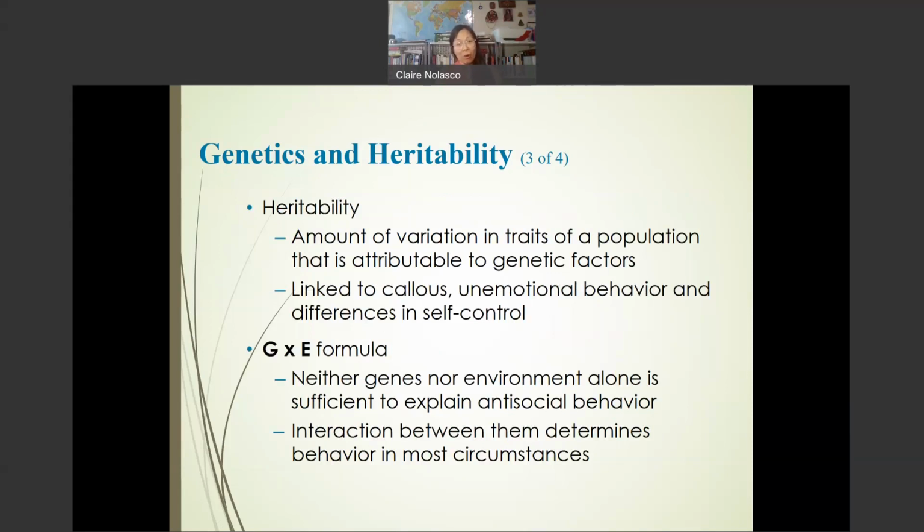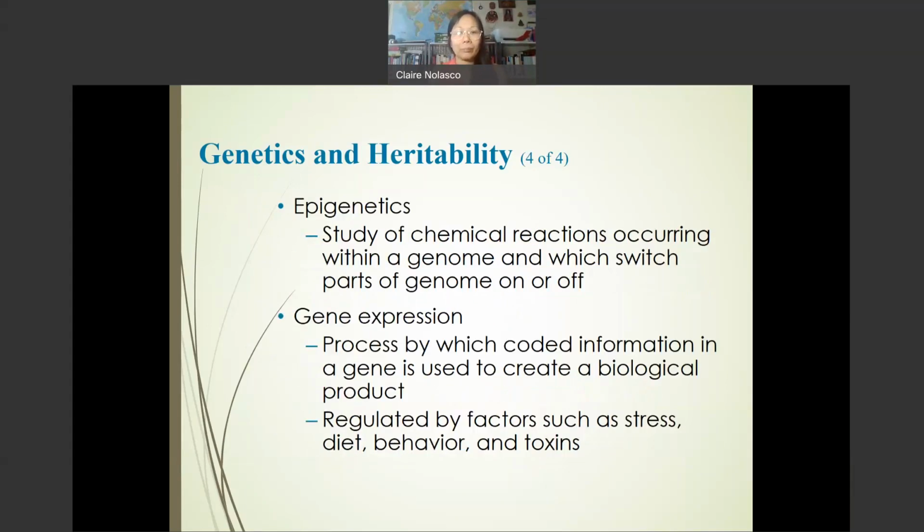So the sole presence of either genes or an abusive environment is not sufficient to explain antisocial behavior, meaning that both genes, a genetic predisposition to commit violence, and social factors lead one to commit crime.